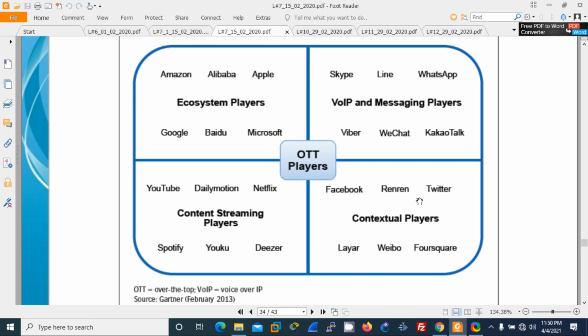Contextual players also play a vital role in this industry, cutting down the normal revenues of the telcos, like Facebook, Twitter, and LinkedIn. On top of that, there are ecosystem players who monopolize or control this market: Amazon, Google, especially Alibaba and Apple.